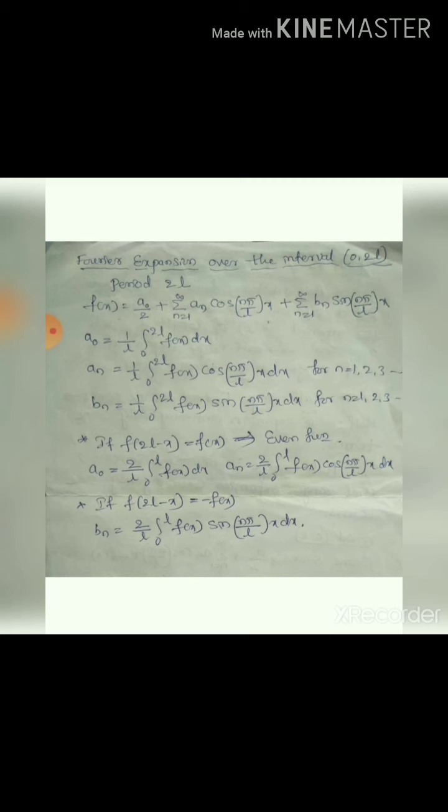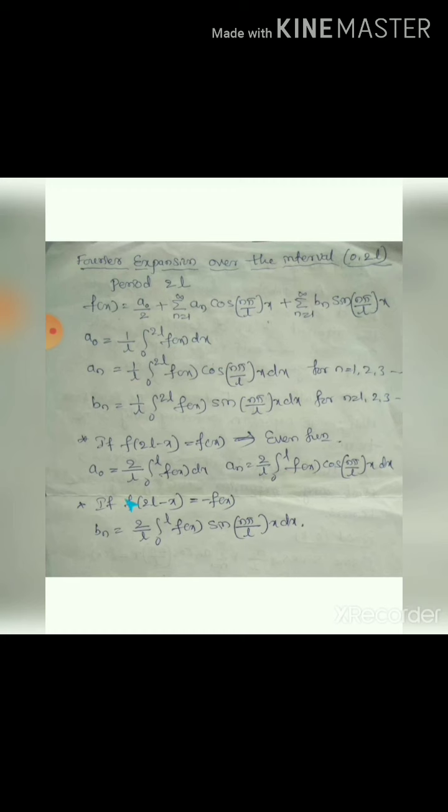Then next point is we have to know whether it is an even or an odd function. Then how to find out? The rule for this is if f of 2l minus x is equal to f of x, then we can tell that it is an even function.